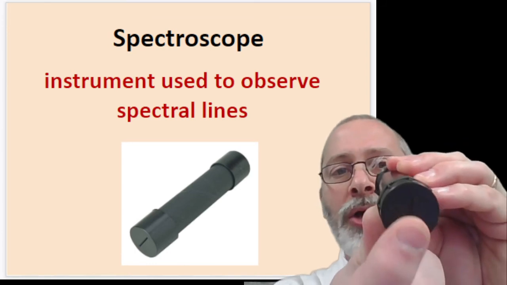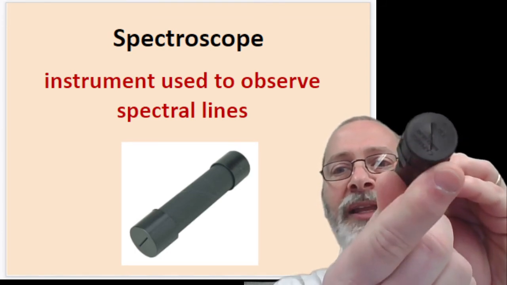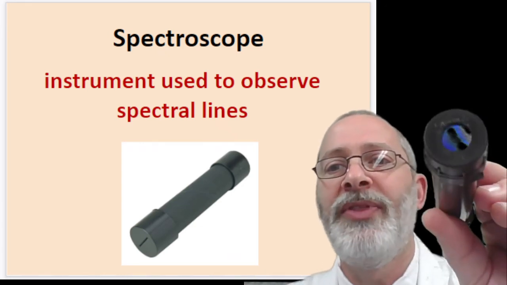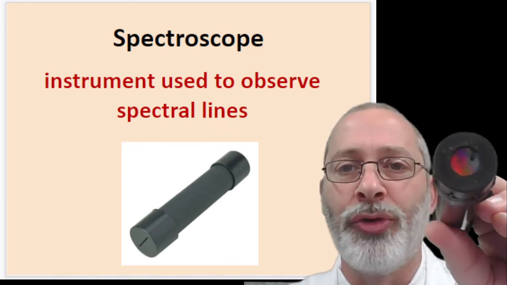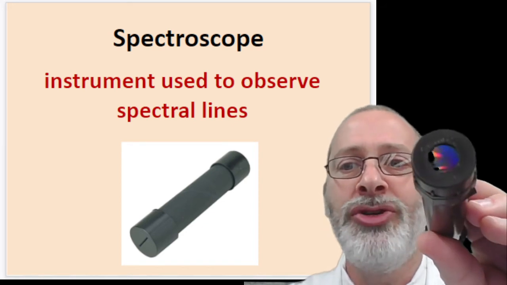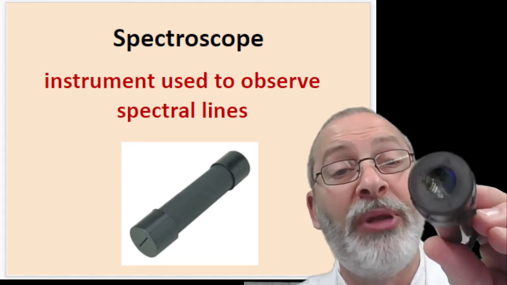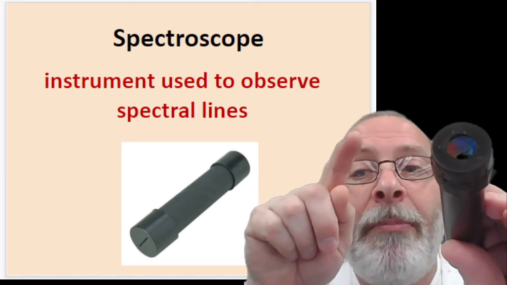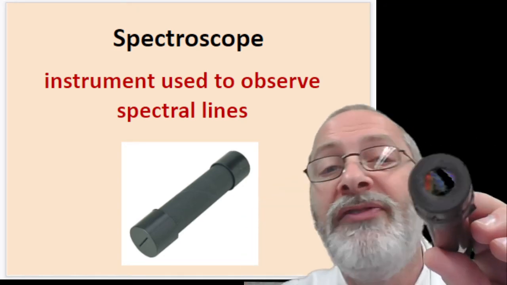Your eyeball goes up to the slit side. There we go. Now we can see it a little bit better. The other side has something on it called a diffraction grating. This diffraction grating is a clear piece of plastic with millions of microscopic prisms engraved in it.